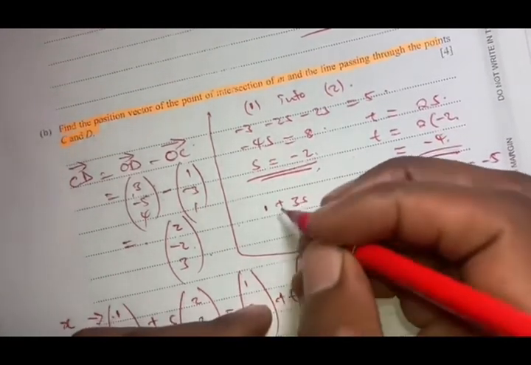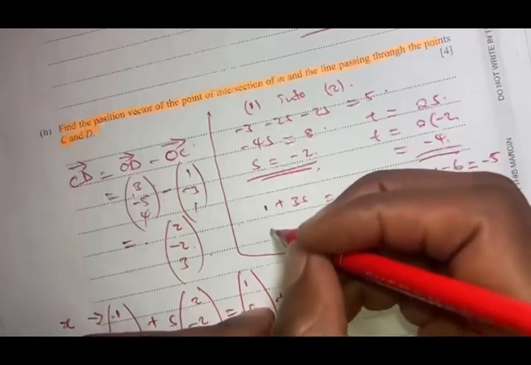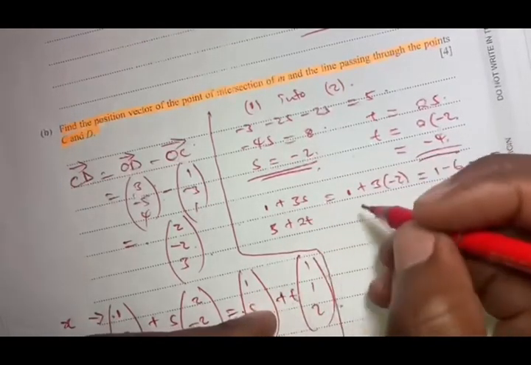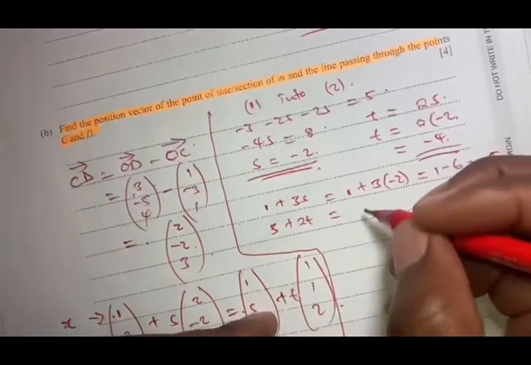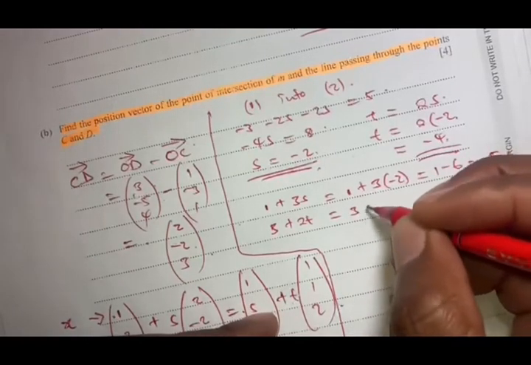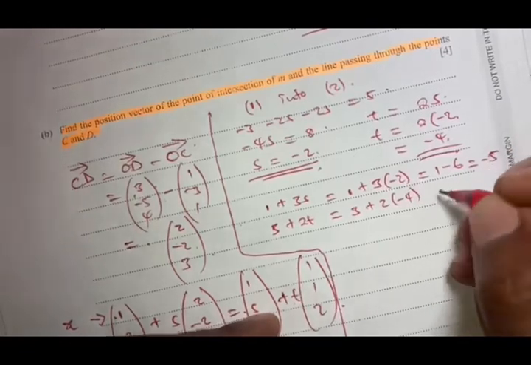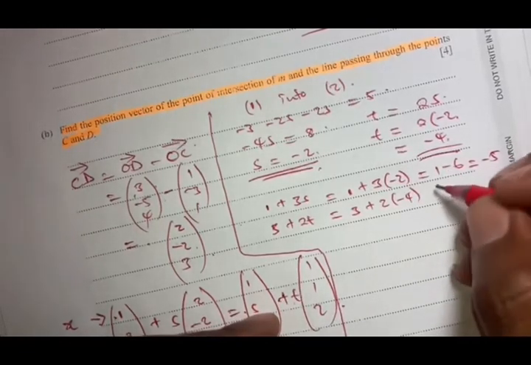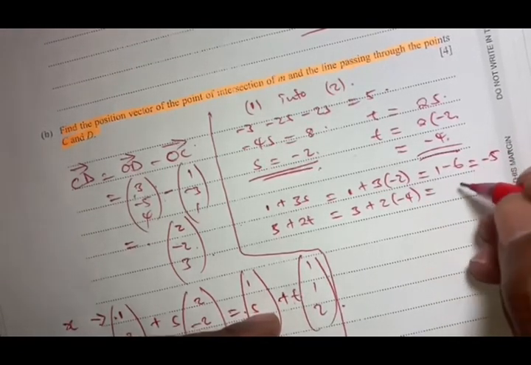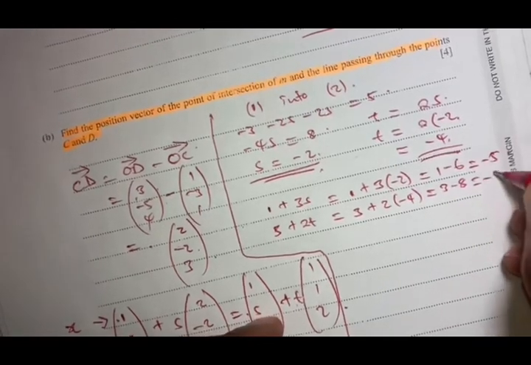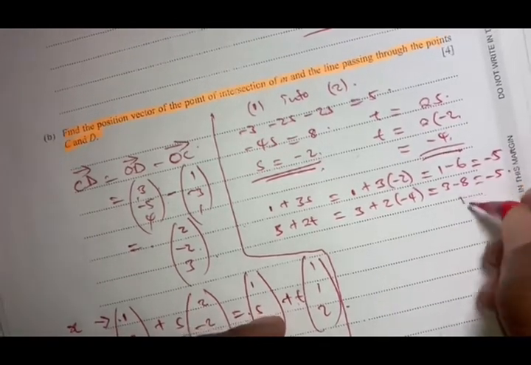Okay, then 3 plus 2 is equivalent to 3 plus 2 minus 4 here. That gives me 3 minus 8, which is equivalent to negative 5. So we can say that it works.